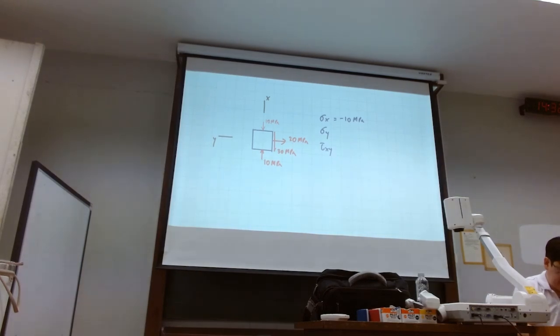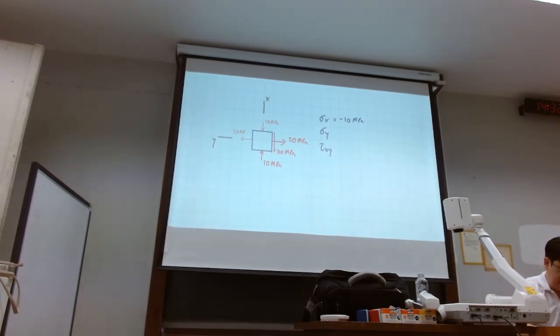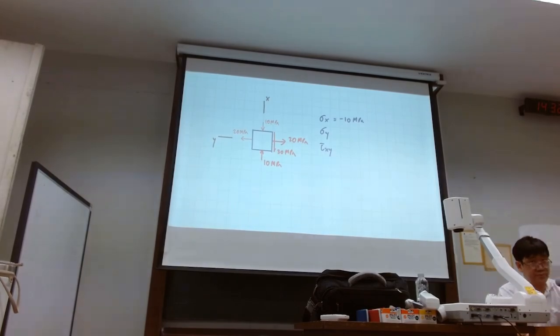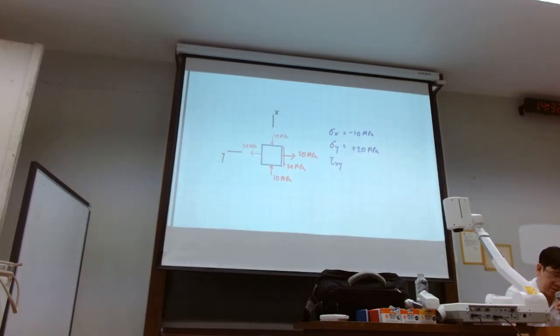Second one, you have 20 MPa to balance the one that we have from the right. So it means that right here, you will get a positive 20 MPa for the sigma y.